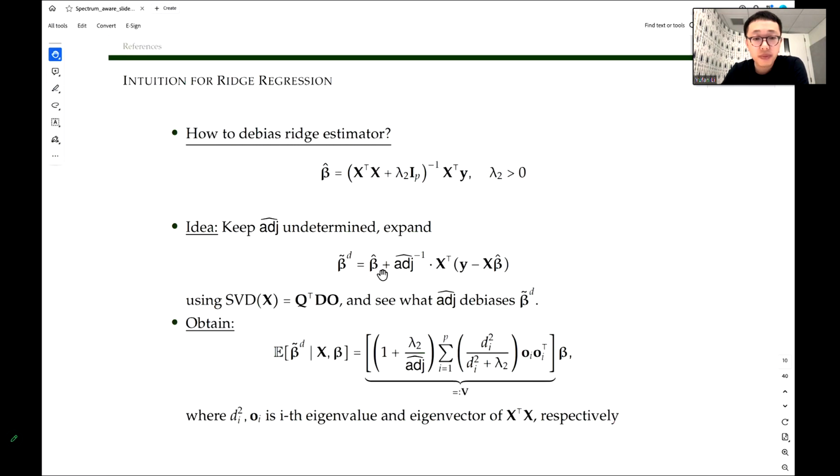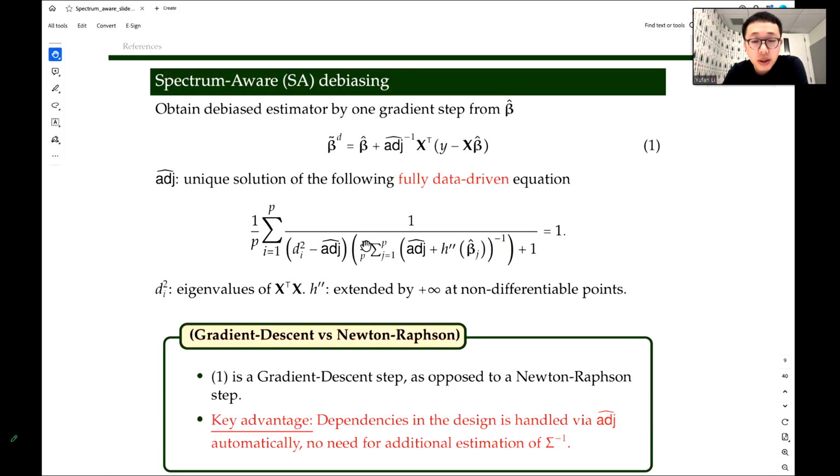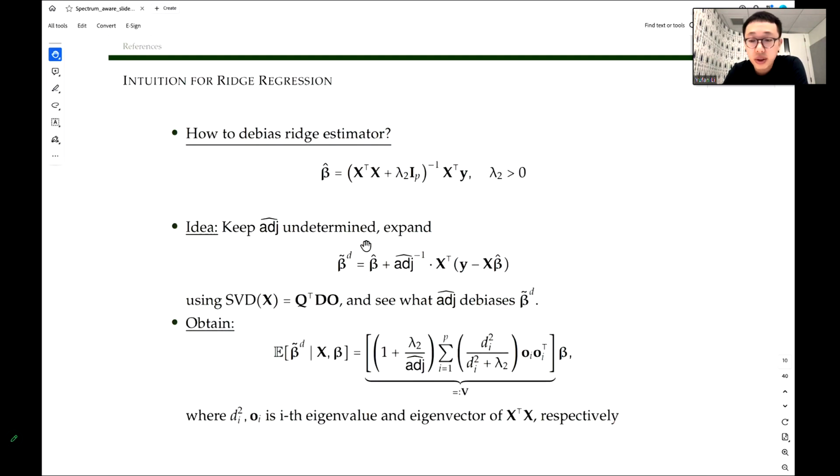Even though the equation looks a bit complicated, this is based on a very simple idea. I will show you how to derive this in the case of the ridge estimator.